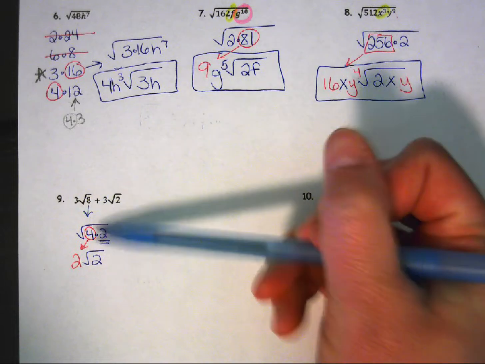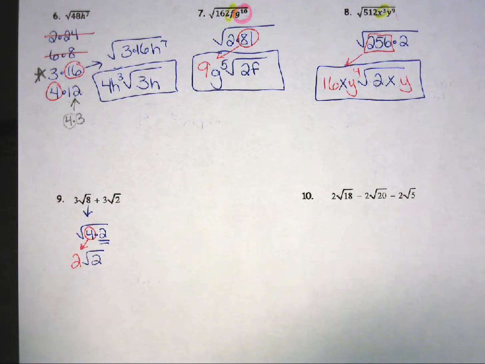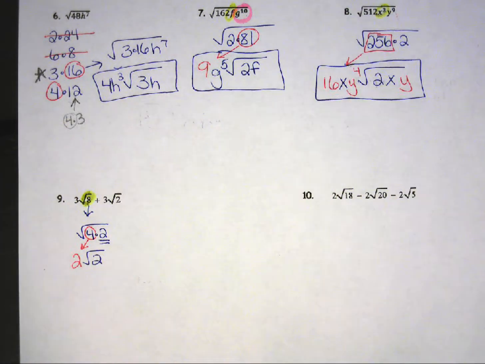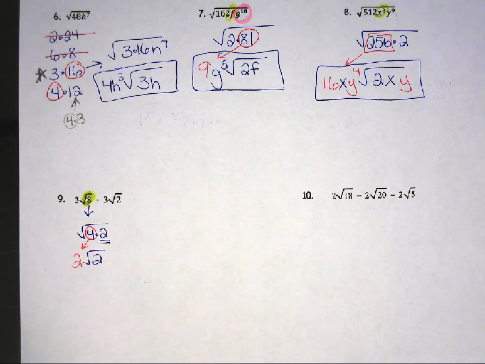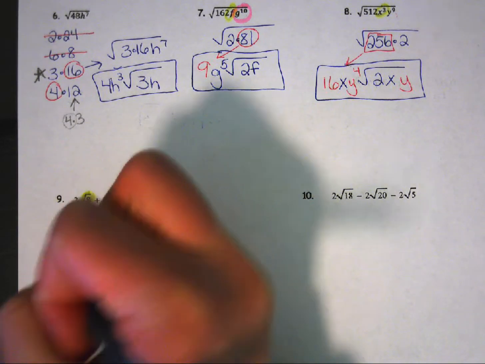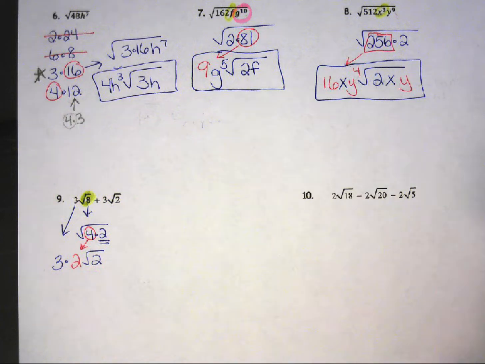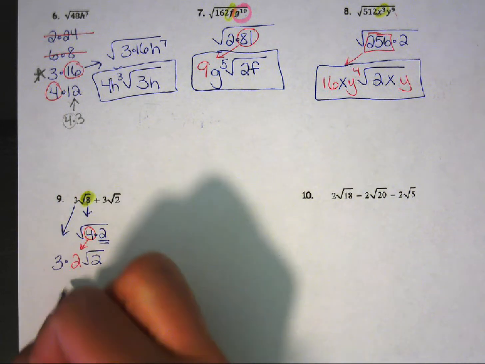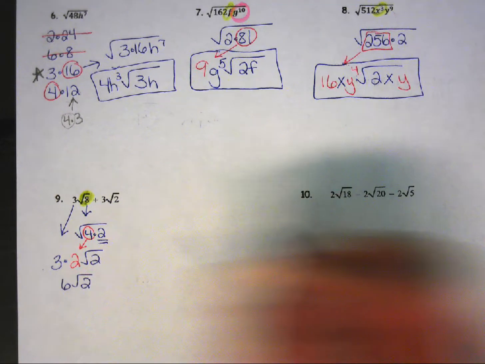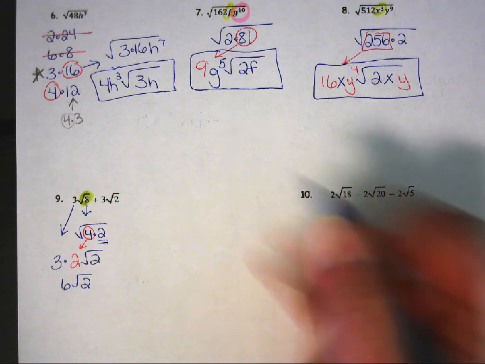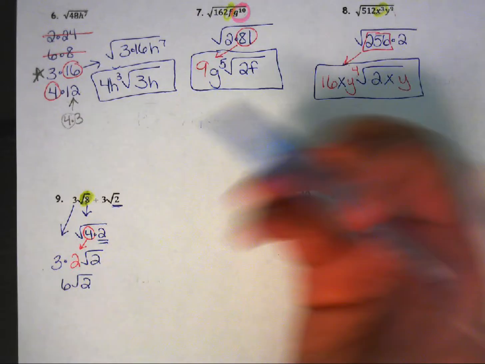So this right here is simply the square root of 8. But I got this 3 sitting out front. That's no big deal. You just multiply them together. So this would be 6 square roots of 2. And then now this one, remember, we said it can't go any lower because it's prime.